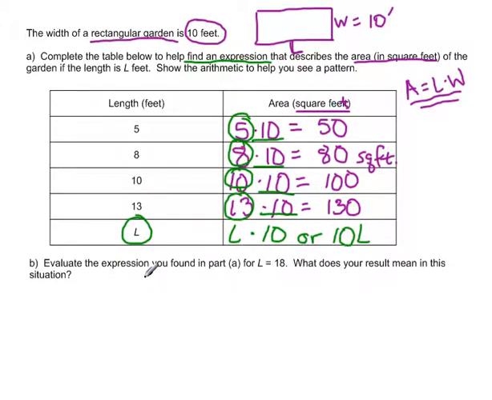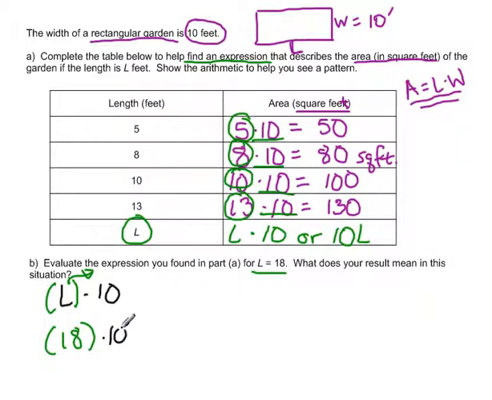Now that we've found our expression, we're going to evaluate that expression for L equals 18. So let's write down the expression that we found, L times 10. And then they said evaluate that for L equals 18. So we're going to take out the L, and in its place we're going to put in the 18. 18 is going to get multiplied by 10.